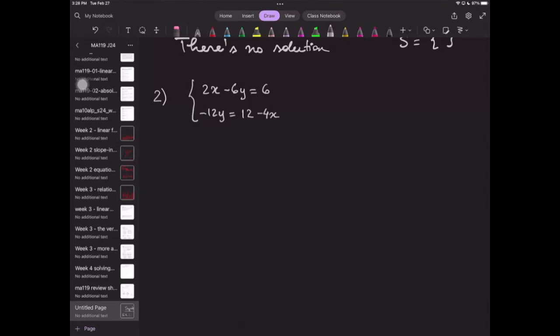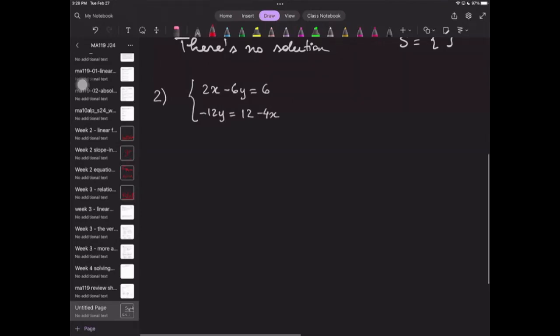So let me do the addition. I will actually show both ways because this is an interesting way that the equation is. Right now we have the first equation in standard form. Let me put the second equation in standard form, meaning I'm going to move the negative 4x from the right to the left side.